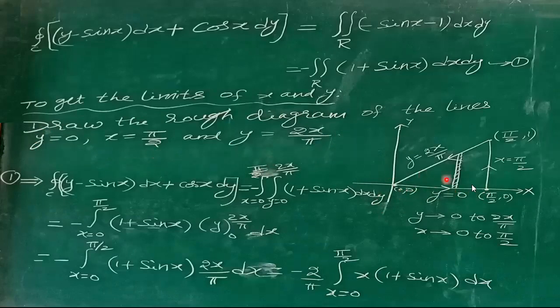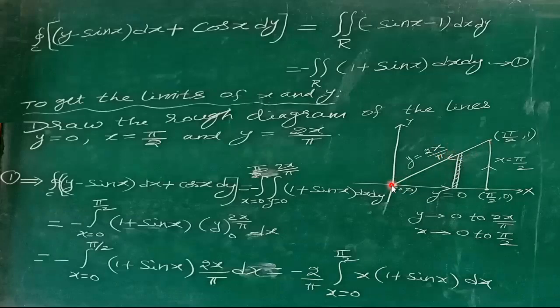X equals pi by 2 is this line. And y equals 2 by pi into x is in the form y equals mx, so it is a straight line passing through the origin with slope 2 by pi.